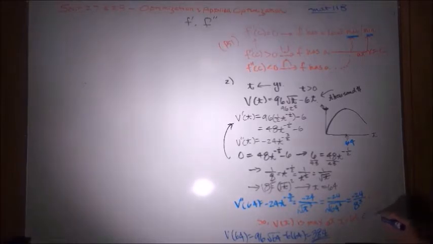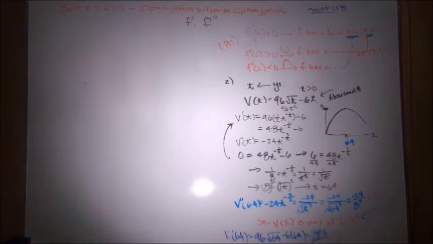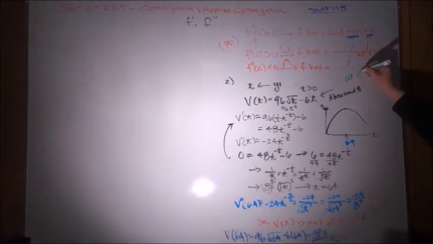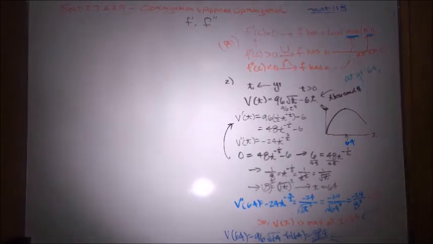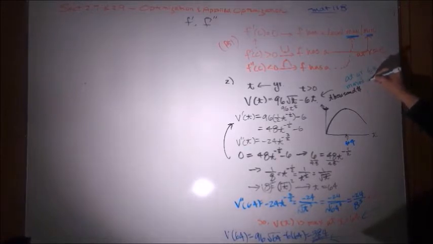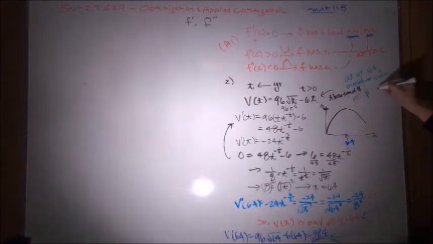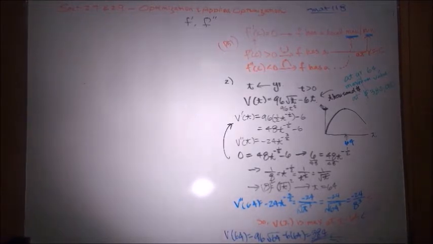So at year 64, you will have the maximum value, in thousands, so $384,000. Is that what it's saying?